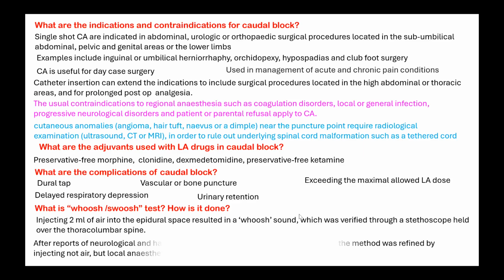So injecting 2 ml of air into the caudal epidural space resulted in a whoosh sound, verified through a stethoscope held over the thoracic or lumbar spine. After reports of neurological and hemodynamic side effects, the technique was refined into injecting local anesthetic or saline, and it was modified as the swoosh test instead of the whoosh test.